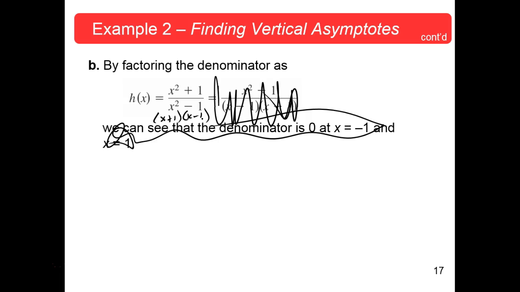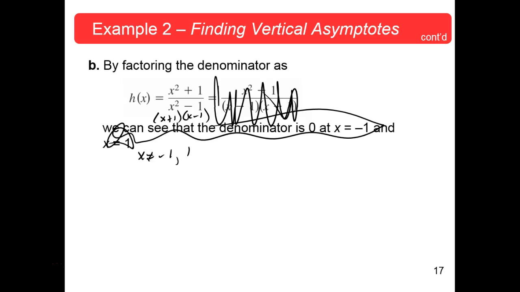And what value or values then would you have to disallow in the denominator? Yes, negative 1 and 1. So we would say right off the top, x cannot equal negative 1 or 1. But we need to check and make sure neither one of these makes the numerator 0. Does it? No, the numerator can never be 0.